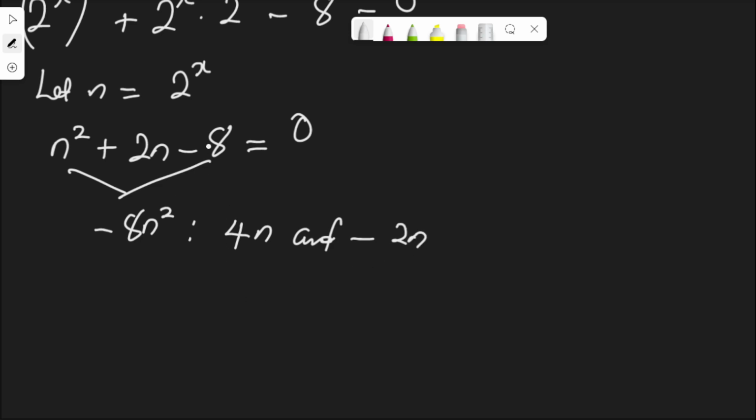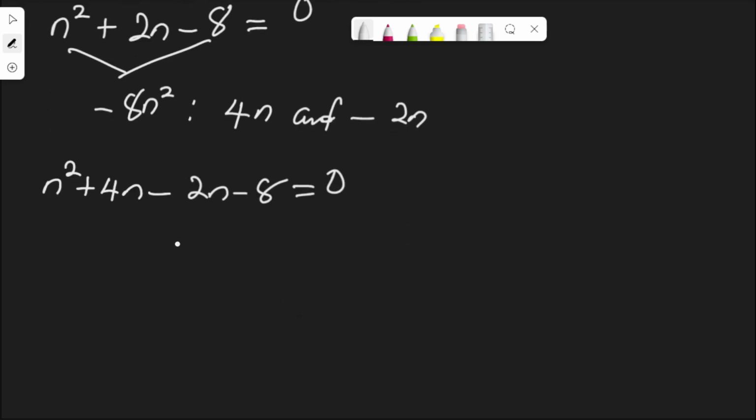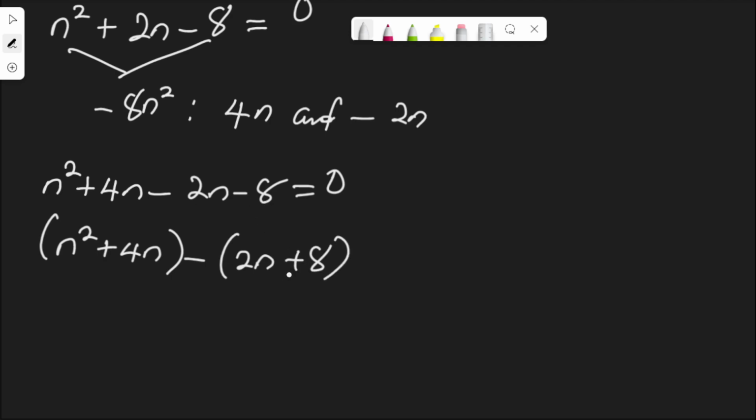And we're going to replace this middle term with the factors so that the equation becomes n squared plus 4n minus 2n minus 8 equal to 0. And group it two by two as usual: n squared plus 4n, minus 2n plus 8, minus changes to plus because we bring a bracket.